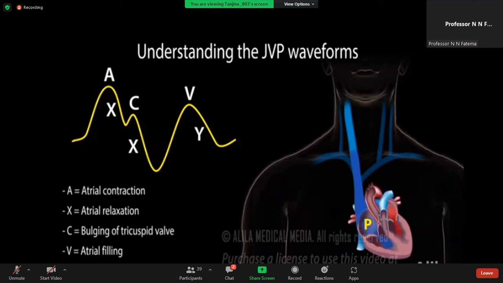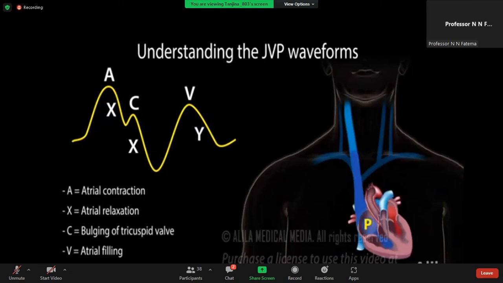So this V is those rushed, accumulated blood inside the right atrium just before the opening of the tricuspid valve and just before the start of atrial systole; the blood itself creates some positive pressure without any contraction.